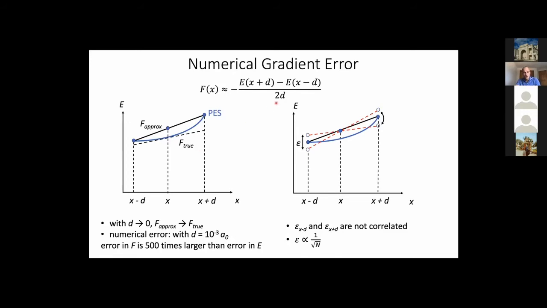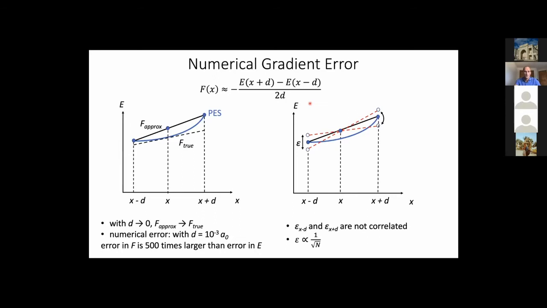But when you have errors in energy at displaced geometries, because you measure energy on a quantum computer and there is some uncertainty in that, these errors are not correlated, and we get quite large error amplification in the gradient.